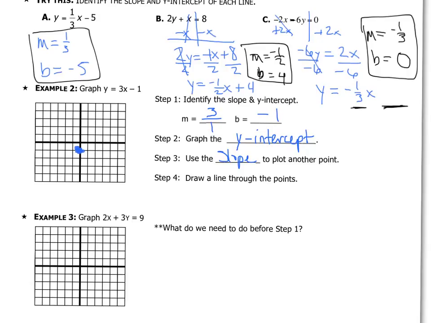It's what it's going up or down. Okay, and then the bottom number is always going to be to the right. So the top number of 3 means that, since it's a positive slope, I know that I'm going to go up 3 and then over 1. So 1, 2, 3 over 1.